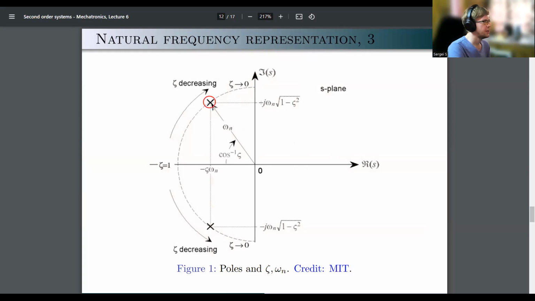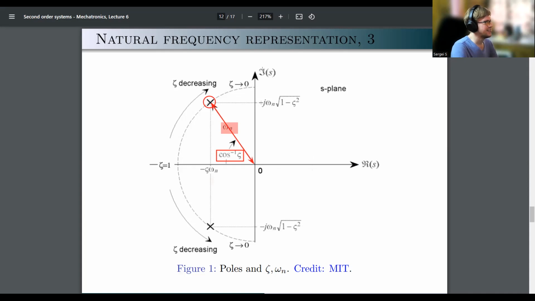So here's a pole, and it has a polar representation: angle and length. So the length of the vector and the angle of the vector, amplitude and angle, you could say. So this is the amplitude or length, and it is equal to the natural frequency. Good. And this angle is equal to the inverse cosine of the damping factor.